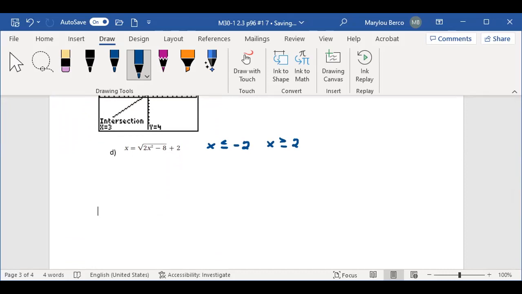Okay, so let's keep the radical on one side and move the 2 to the other side. And then we're going to square both sides.